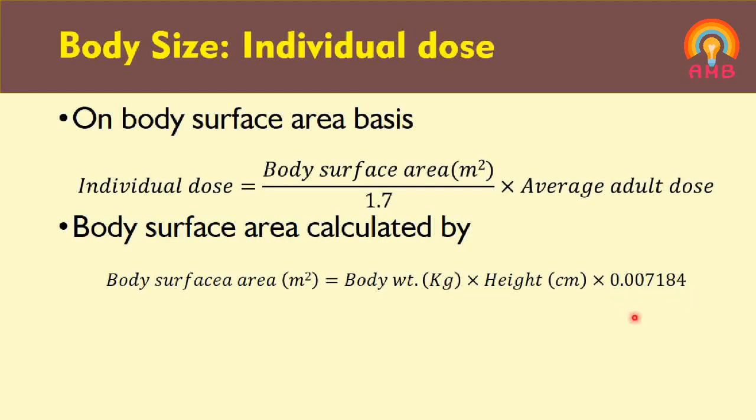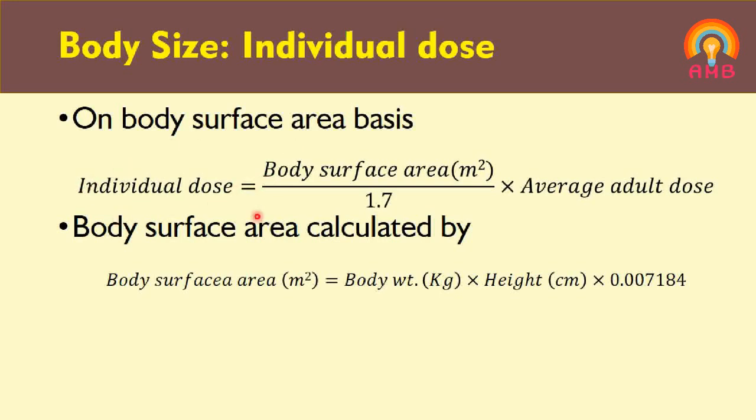By using this formula, we can calculate body surface area. So if you know the body weight and the height of the person, we can put these values in this formula, get the body surface area, and put that value in the above formula to calculate the individual dose for the person.